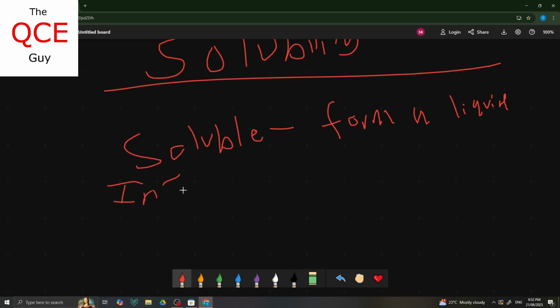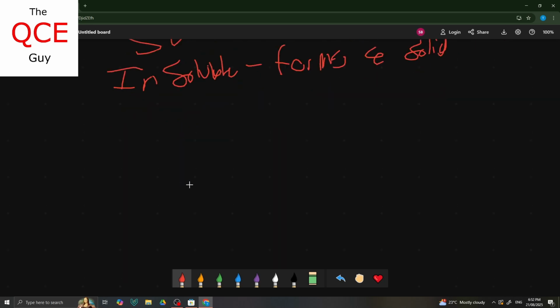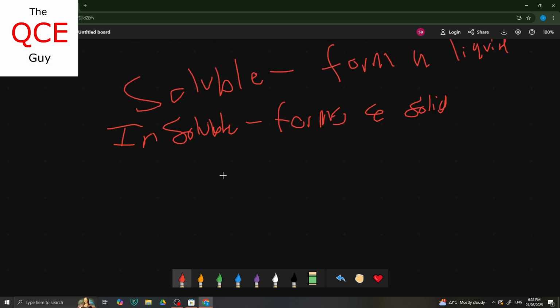Insoluble forms a solid. So what we're looking for would be what is insoluble. And normally, if it's not part of this rule, then it's going to be insoluble, and that's going to be your precipitate. Now, the rule that we've been waiting for is pretty easy.